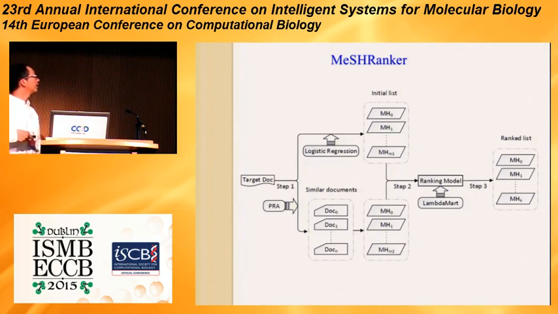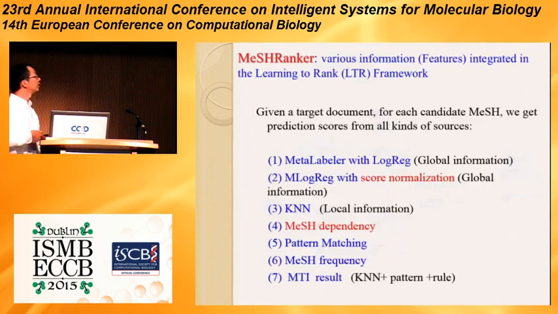And then we use a ranking model in the learning to rank framework and get the final result, a ranked list of MeSH headings. So the basic idea is to integrate the various diverse features from all kinds of sources. They should be complementary to each other, and they should be useful to distinguish the strengths of each candidate MeSH heading.